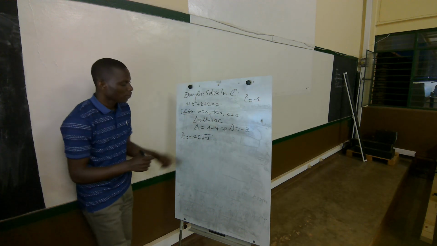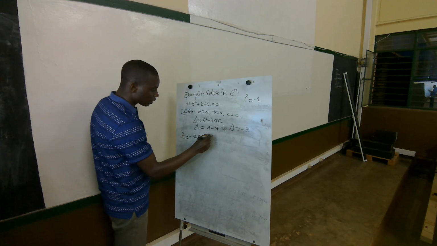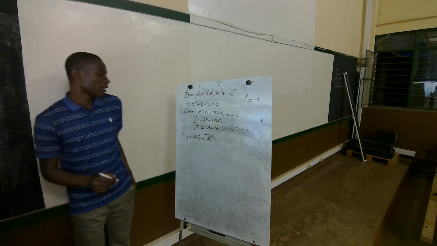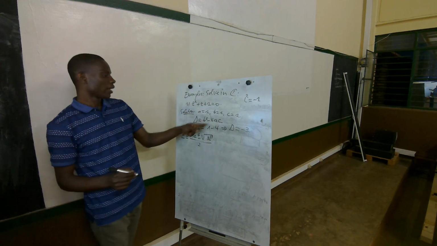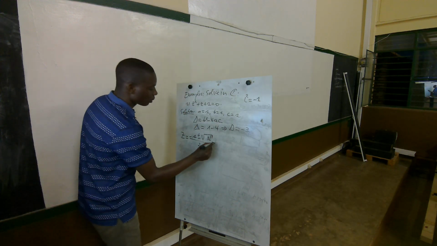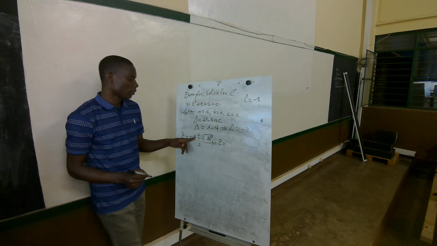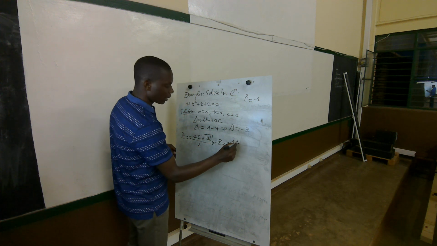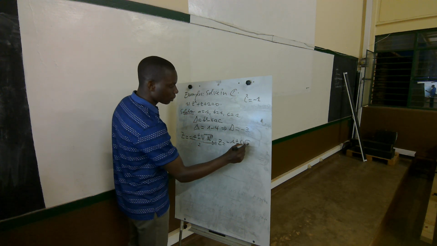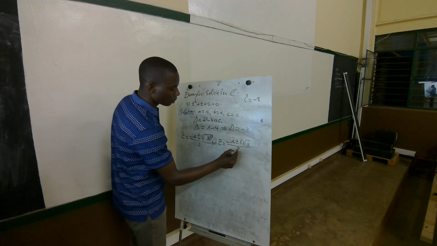Now, instead of having negative 1 here, we are going to have i squared. And now we have over 2, since 2a is equal to 2. So this is equivalent to z equal to negative 1 plus or minus i square root of 3 over 2.